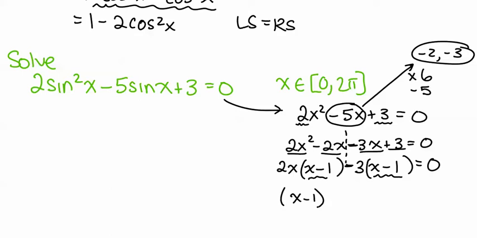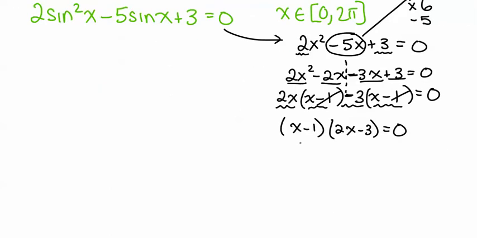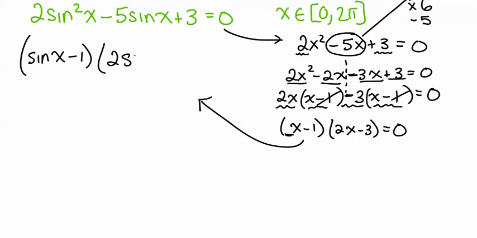So x minus 1, I'm going to take that out, and then that leaves me with 2x minus 3 equals 0. And then I'm actually going to sub it back over here, and I'm going to put it in front of the x's. So my bracket's actually going to become sine x minus 1 and 2 sine x minus 3 equals 0.